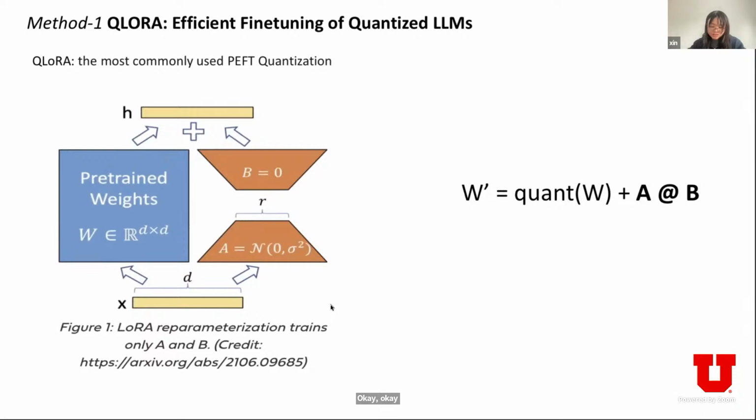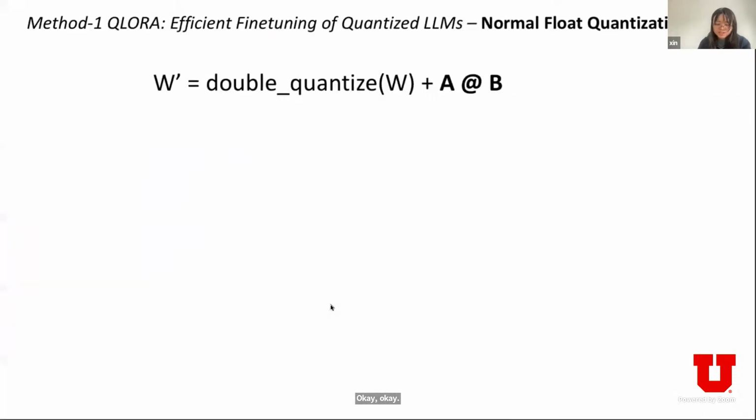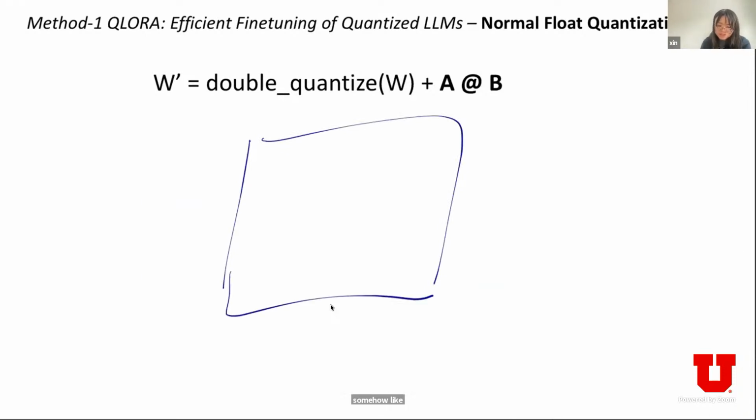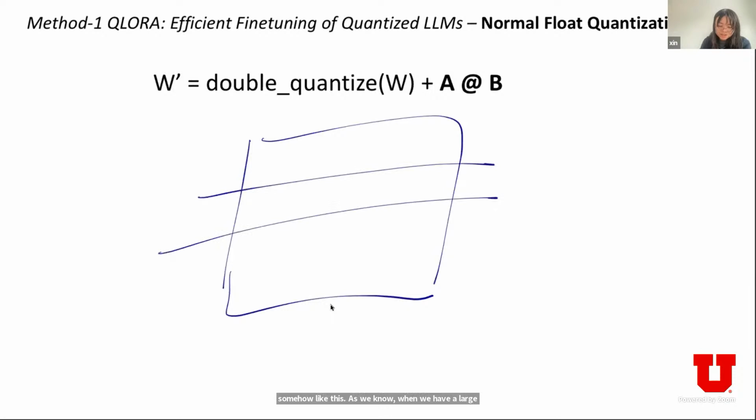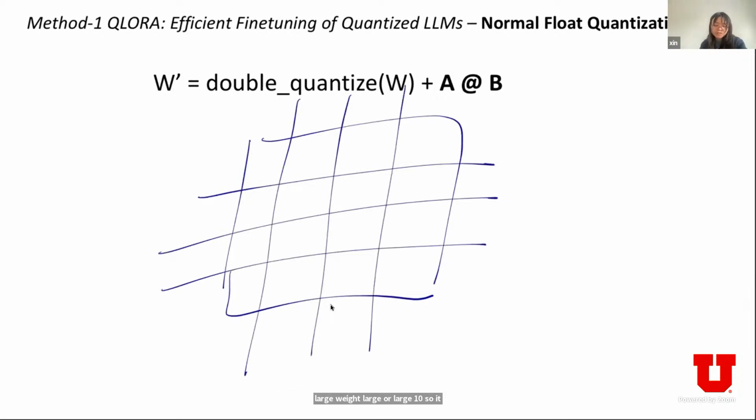All right. So the double quantization is somehow like this. When we have a large weight tensor, it will do blockwise quantization. It means that in each block it uses the normal float quantization. So for each normal float quantization, we need to store the min and max pair.